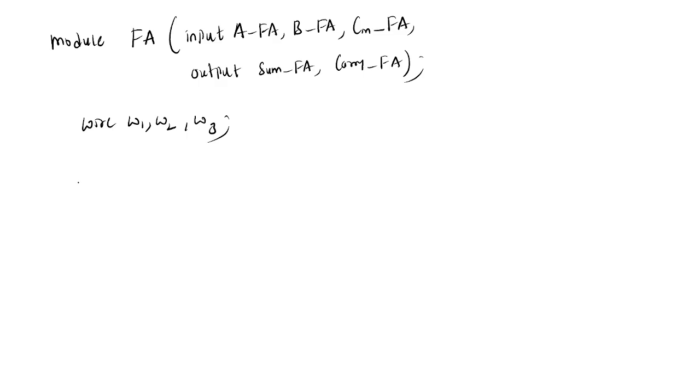Next I need to instantiate. How am I instantiating? My design name is half_adder, and the instance name is HA1.